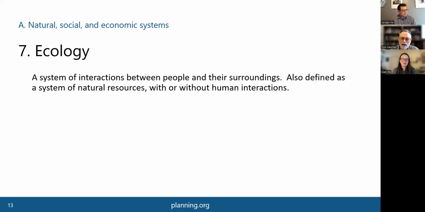But ecology is a system of interactions between people and their surroundings, also defined as a system of natural resources with or without human interactions. So again, that emphasis on systems that we so often focus on in planning.